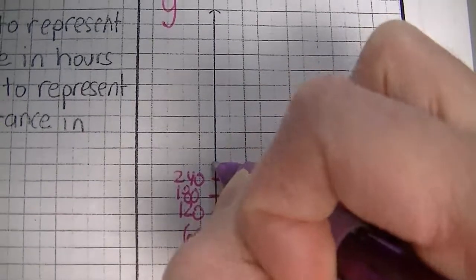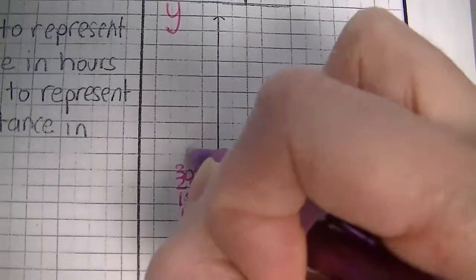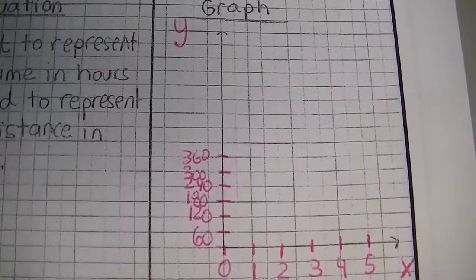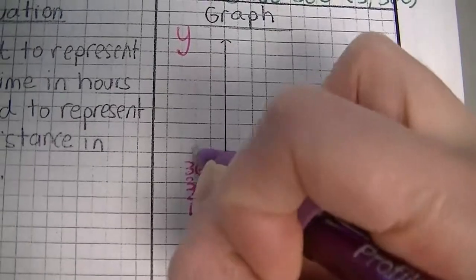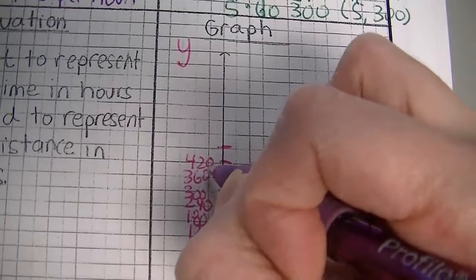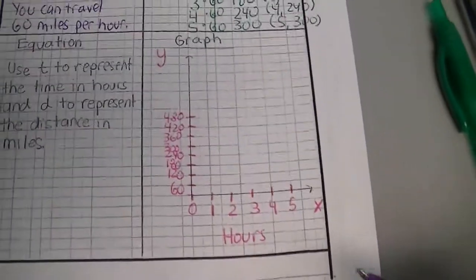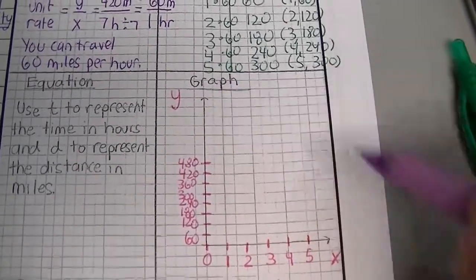The next one, add 60 to that, get 300. The next one, add 60 to that, get 360. You can go ahead and keep on going if you want, but it's really not that necessary. If you feel that your graph looks a little blank, you can keep going a little bit more, and then add 60 more. Okay, I'm going to stop there for now. You'll know that it keeps going on forever because of the arrow.